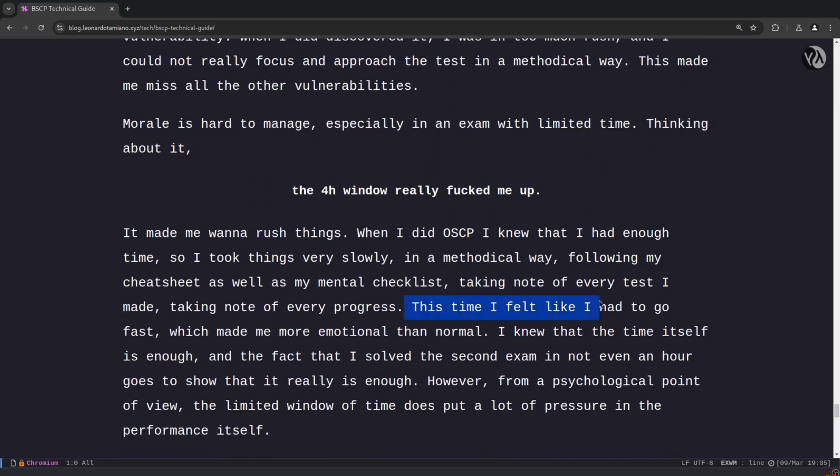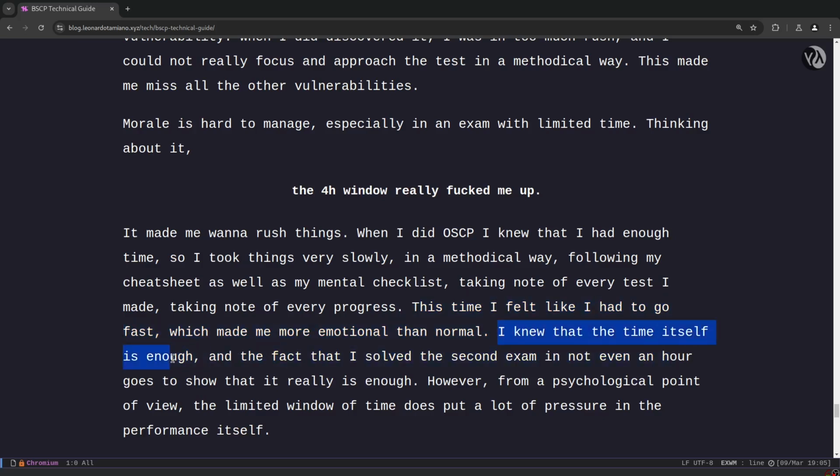So this time I felt like I had to go fast, which made me more emotional than normal, because I was like, you are on a clock. If you miss the vulnerability for like 30 minutes, you are losing a lot of time. In OSCP, you have a much bigger window of time and you can fail, like, it's sort of like you are allowed to fail a bit more.